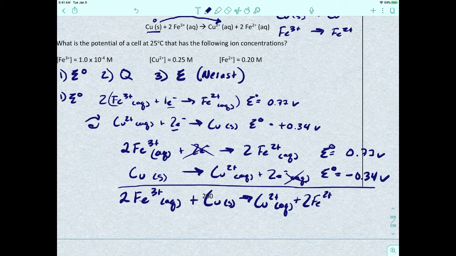If we add up the voltage, 0.77 plus 0.34, that gives us the cell potential for this reaction, a positive 0.43 volts.